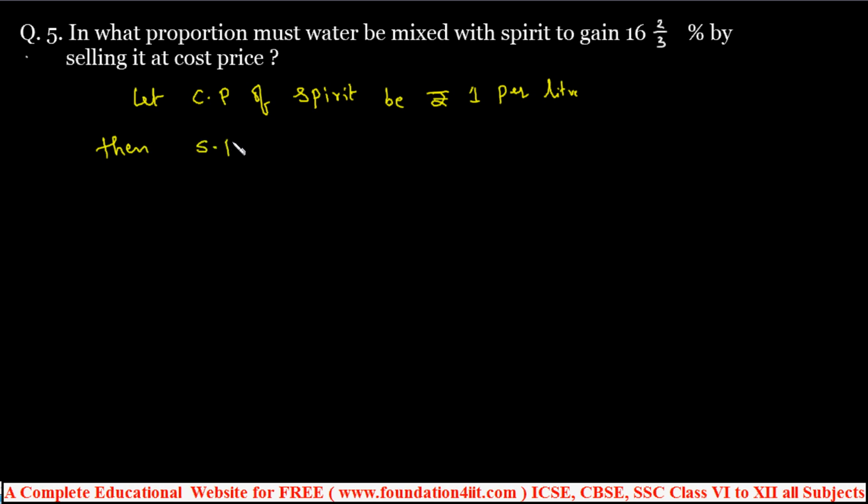Now then, selling price. So selling price of 1 liter of this mixture is equal to rupees 1, because they said the same cost price, and gain is equal to 16 2 by 3%.